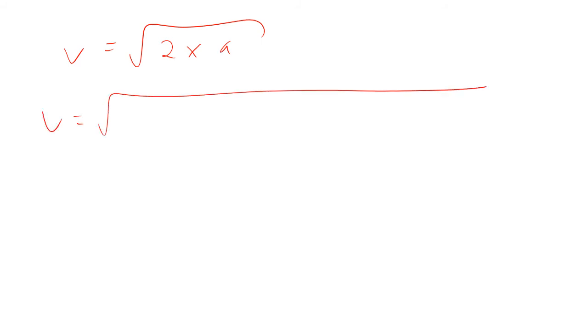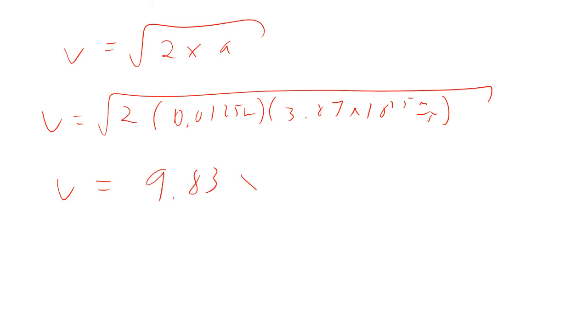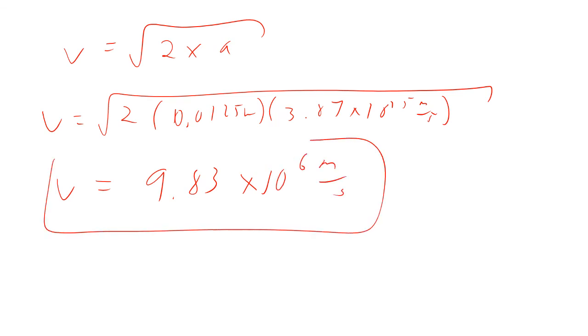Okay, well, I already know that the velocity is square root 2xa, so that's going to be the square root of 2 times 0.0125 meters times 3.87 times 10 to the 15 meters per second squared. Okay, and so that means the velocity when it hits that other plate is going to be 9.83 times 10 to the 6 meters per second.